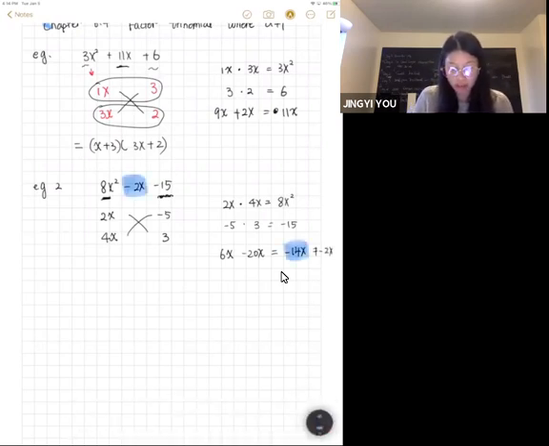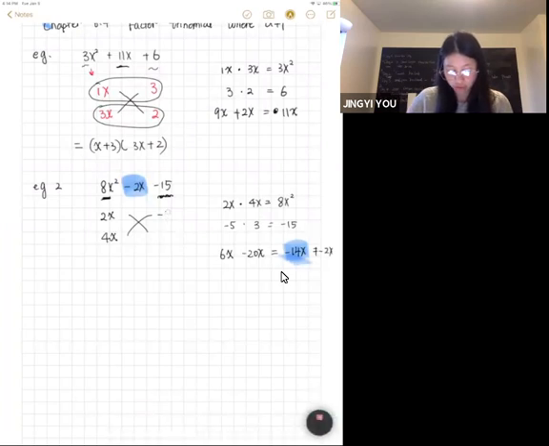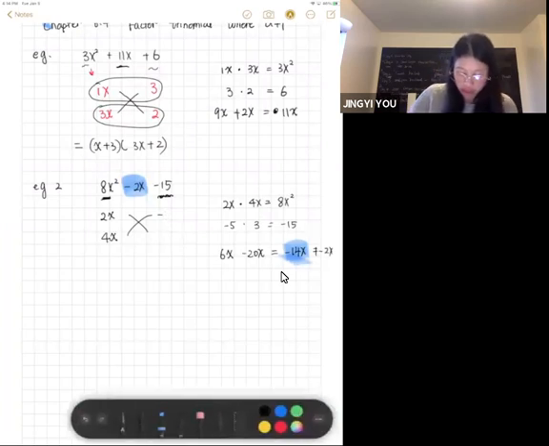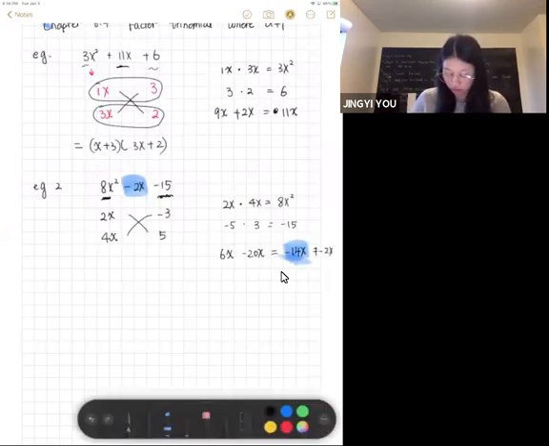So that means something goes wrong with either the 2x and 4x, or negative 5 and 3. Since we want a negative number, and this is too big, maybe we can change it to negative 3 and 5. Let's see if that works.